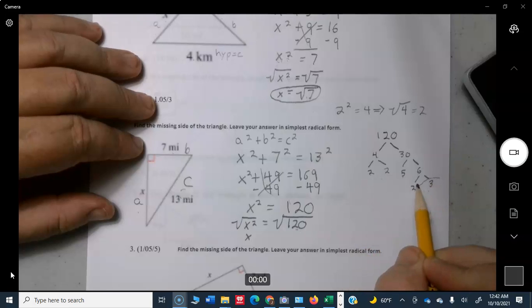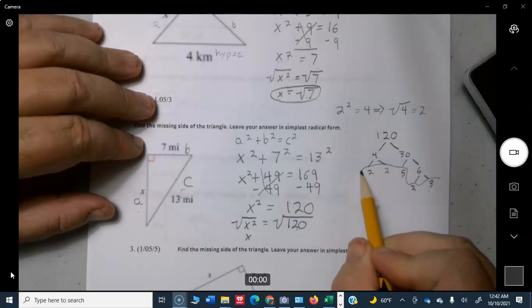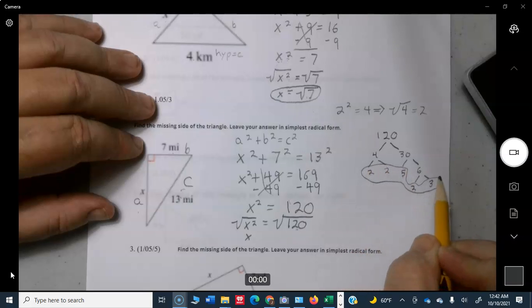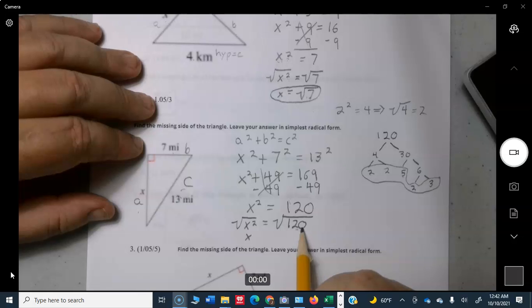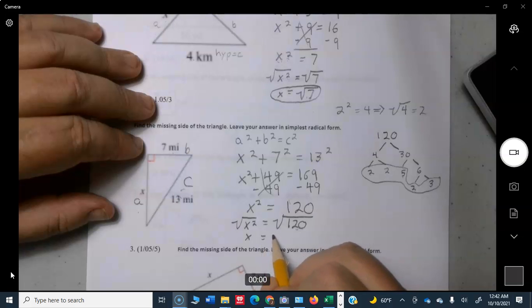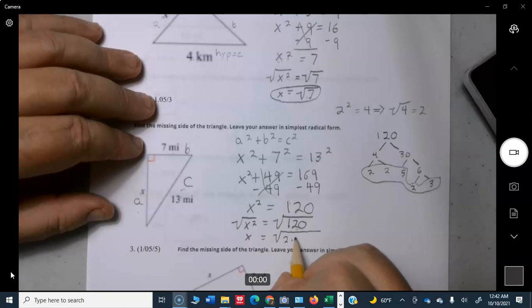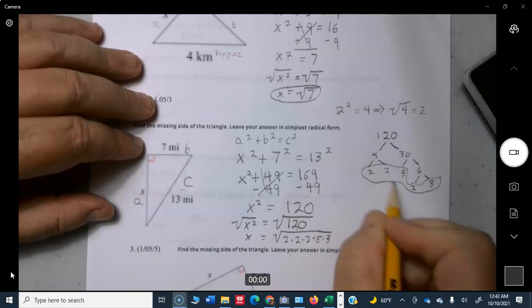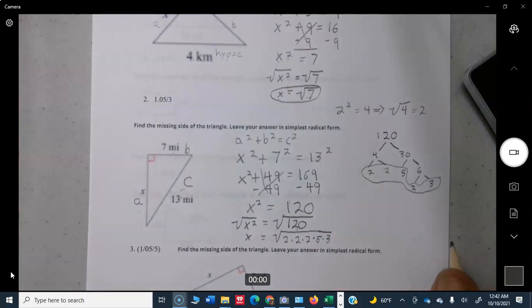So you just circle these. And that's equal to 120. All these numbers multiplied together equal 120. So that's going to be x equals the square root of 2 times 2 times 2 times 5 times 3. That's all these numbers that I circled over here.